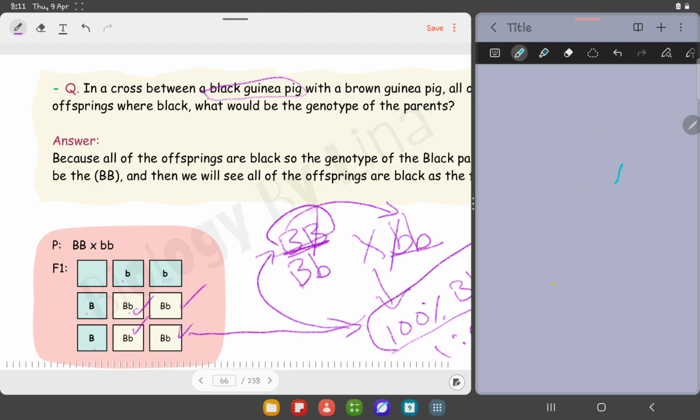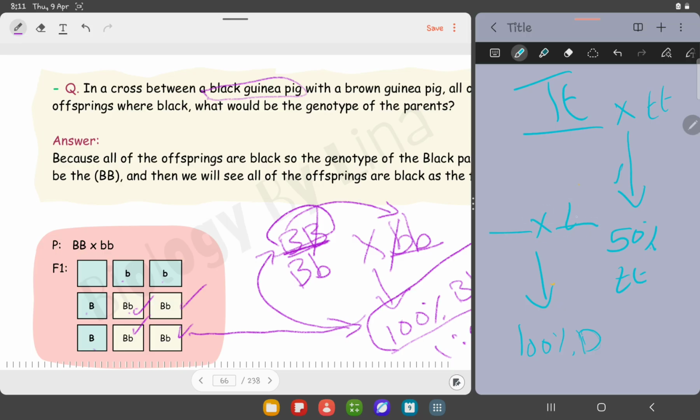So whenever 50% of the offspring are recessive, for example T small, it means this parent will be hetero, because already we cross it with recessive. But when we get 100% dominant, at that time it means we have homo crossed with the recessive one. We will cross what? The dominant one. It will be homodominant.